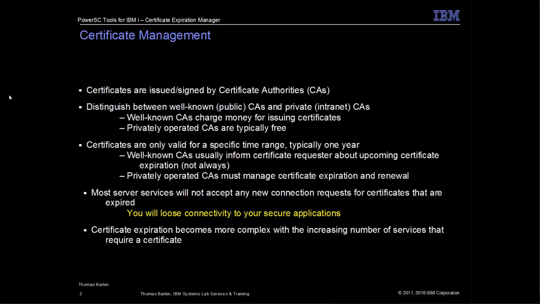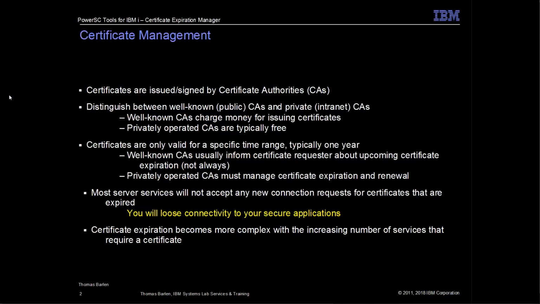To manage certificate expiration, you have to know when those certificates expire, and then you have to renew your certificates before they actually expire. And this is not an easy task unless you have a certificate authority that informs you ahead of time about an expiring certificate.